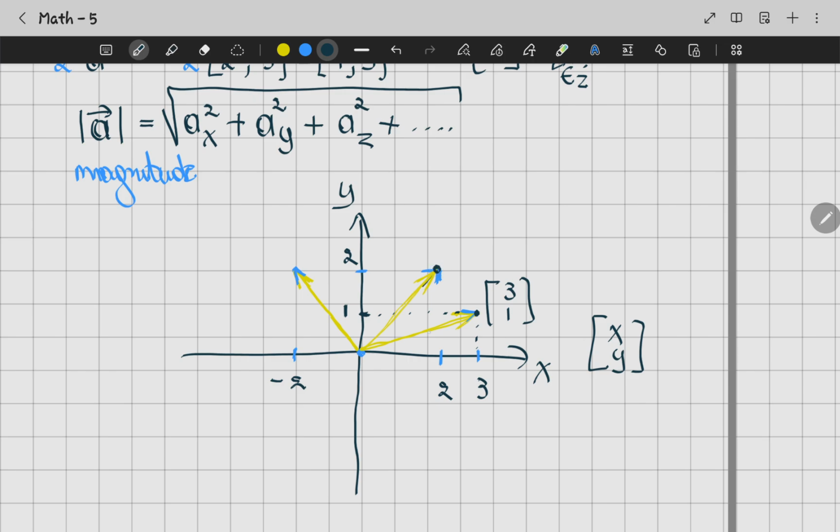Let's try this one: x equal to 2, y equal to 2. Let's represent this point: x equal to -2 and y equal to 2. And this is a 2D representation.